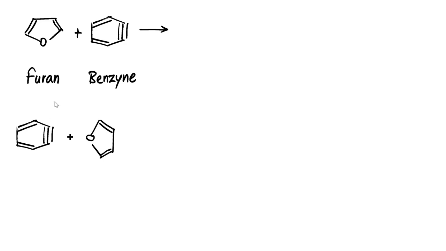formation of new sigma bonds takes place, and some pi bond or sigma bond breakdown also takes place. So see, in this type of reaction, if this electron shifts on this carbon atom, a new sigma bond will form between this carbon atom and this carbon atom. Then these electrons will shift, meaning between this and this carbon atom there will be formation of a new bond, and this electron will shift on this carbon carbon bond.